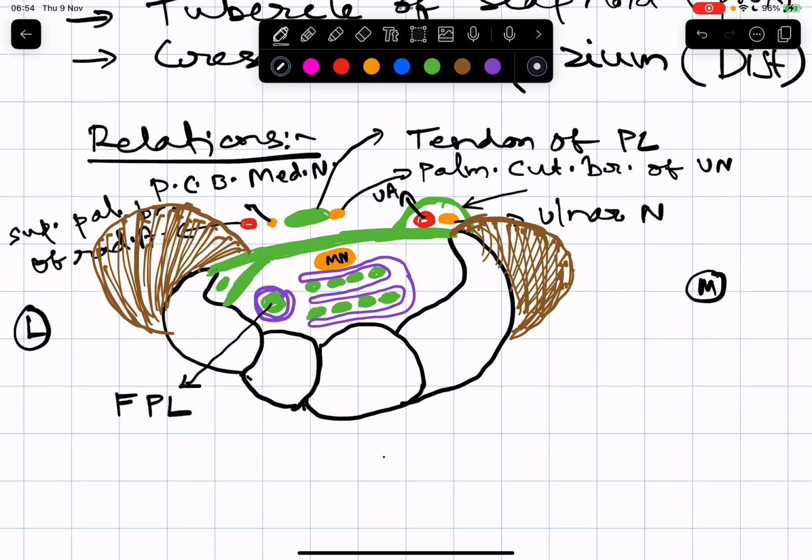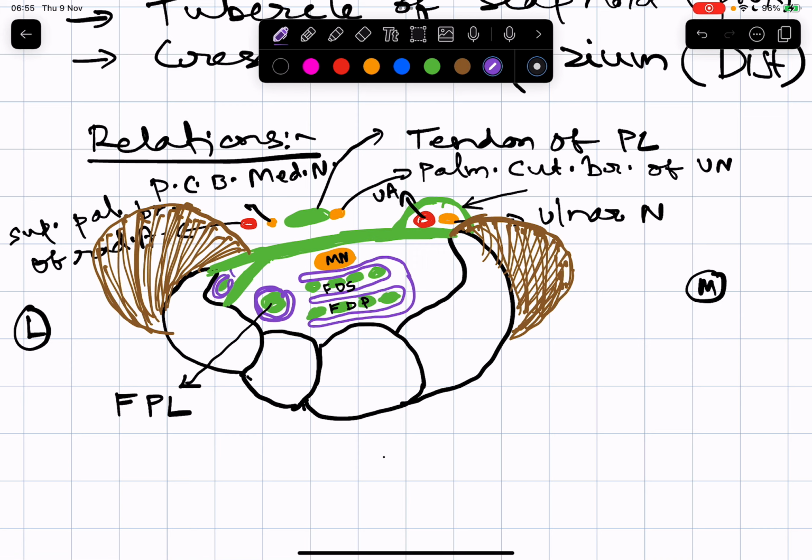And this superficial layer here, flexor digitorum superficialis, and these ones are flexor digitorum profundus tendons. And this one also is covered by the synovial sheath. What is the tendon inside? It's the tendon of flexor carpi radialis.